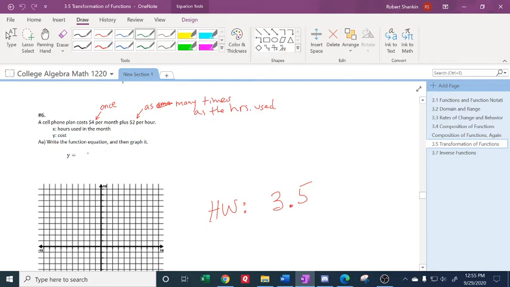Let's go here. The function equation is, now this $4 only happens once. This $2 happens as many times as the hours used, so it has to be multiplied by the number of hours. y equals 2x plus 4, and then if I graph that, it would be a y-intercept of 4, slope of 2.